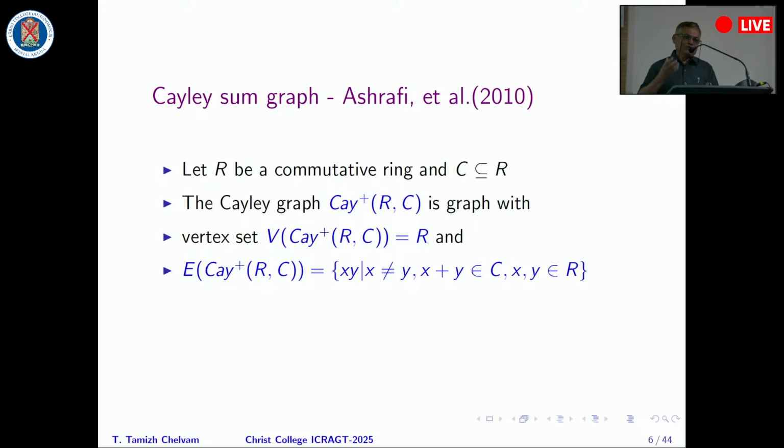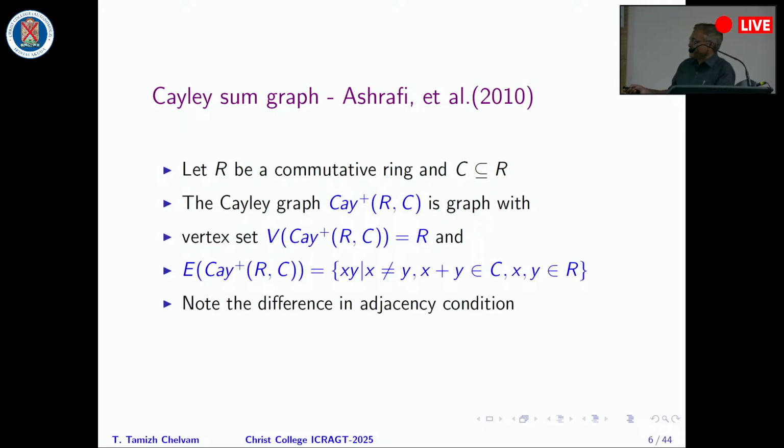With the knowledge of the bijection, because every element has a unique inverse, I was under the presumption that the Cayley graph and Cayley sum graph might be the same, or that there must be some isomorphism, because x minus y is uniquely related to x plus y. But it is not so.